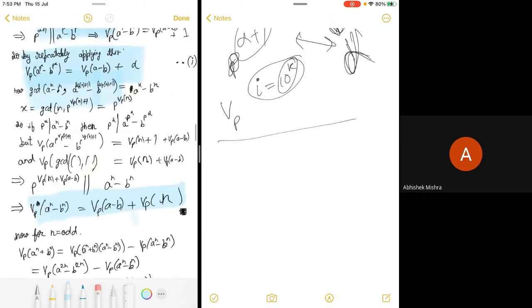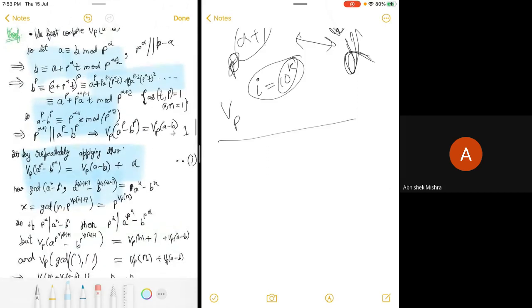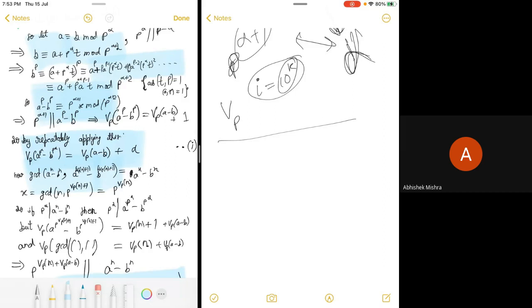So basically, we are just proving this first for powers of prime. Then we are just using the GCD lemma to show that if p to the alpha some beta does divide this, then it should also divide a to the p to the alpha minus b to the p to the alpha, where p to the alpha divides n and is the power of the prime in n.